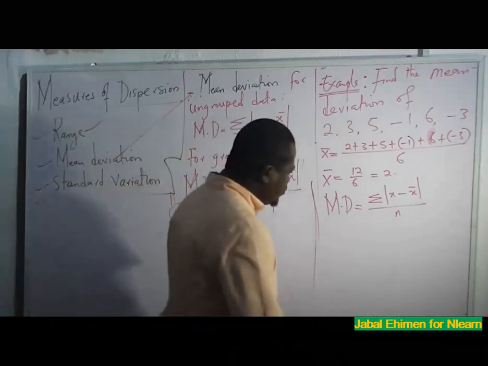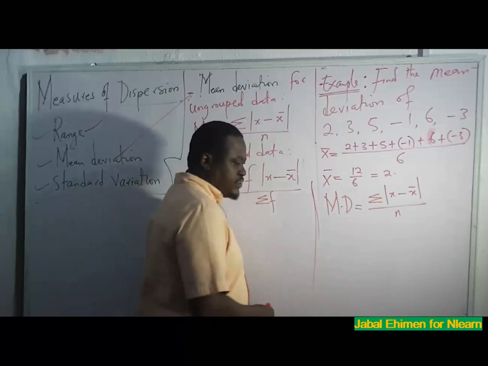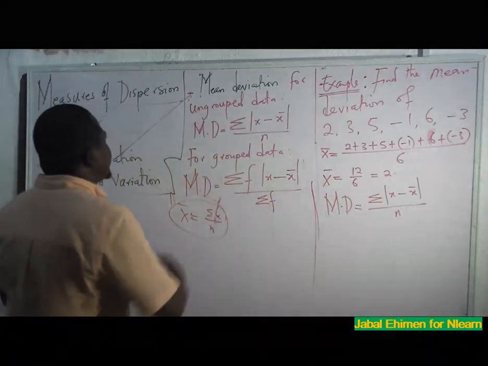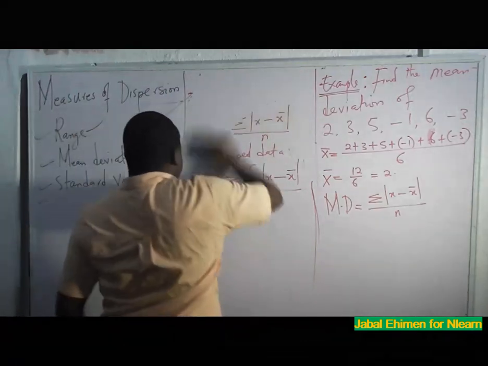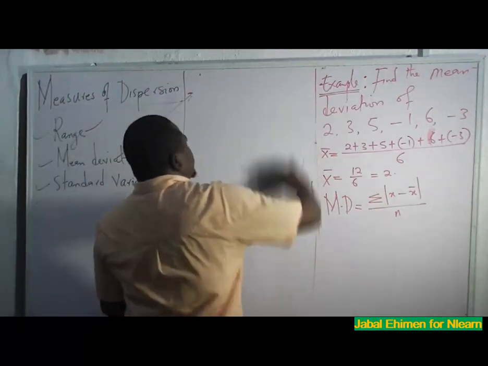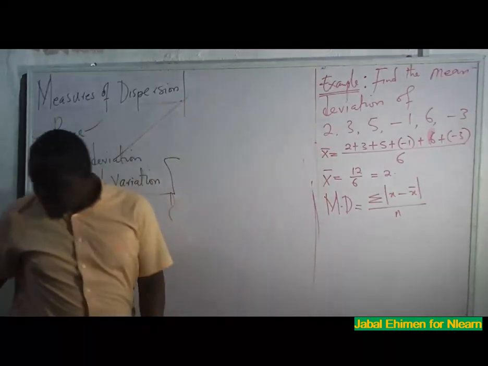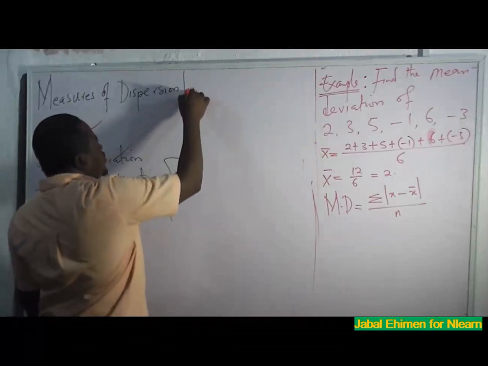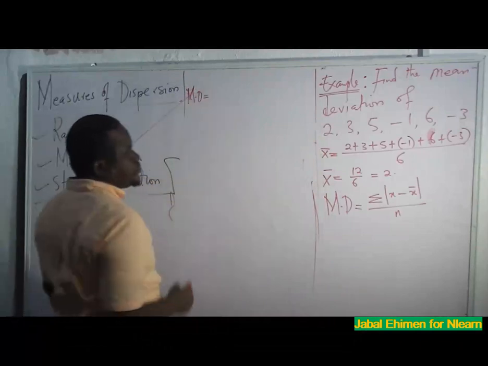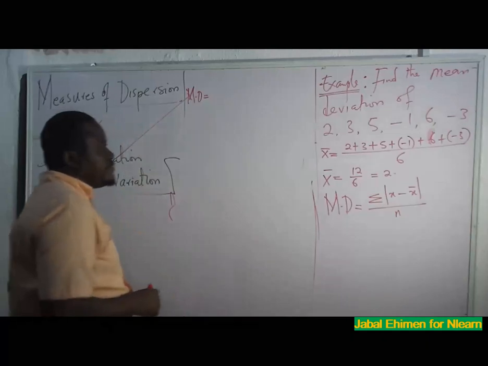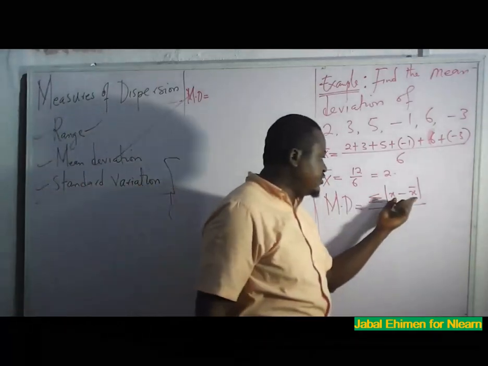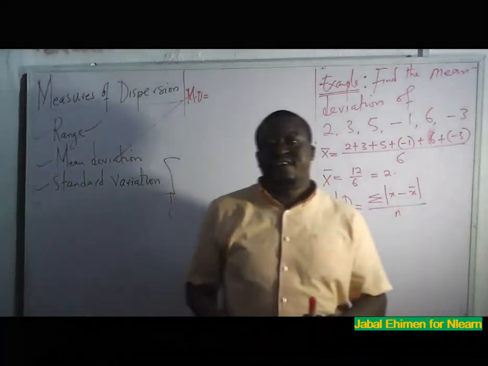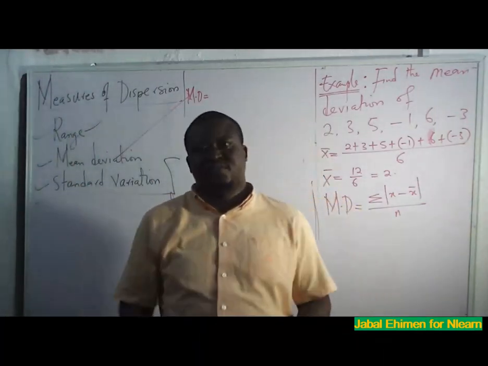Now, from here, we take it as values of continuation. The first value we are having is modulus x minus x bar. That modulus shows that there is no negative, everything is positive.